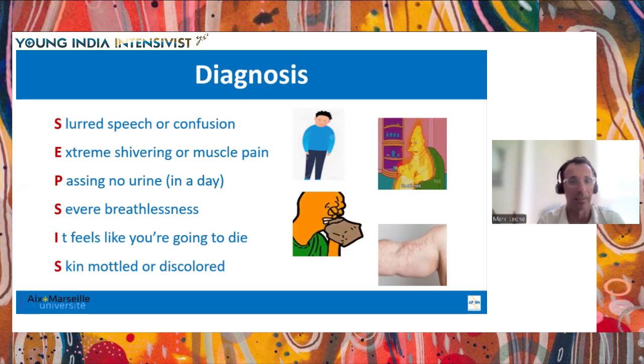They are fine and they are dying. The patient with sepsis is going to tell you, oh, I'm going to die, and that's true if you don't intervene very quickly. But they feel that, and that's important to have that in mind. And the skin, you should look at the skin, and skin mottled or discolored is a very good sign of sepsis.